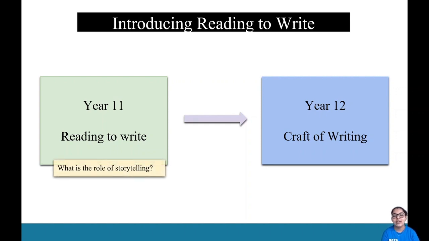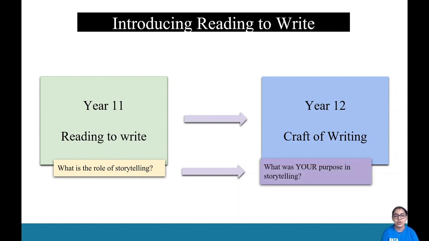So in year 11, in this module of reading to write, you're looking at what is the role of storytelling? Why do people write? Why do we do it? And in module C in year 12, essentially that translates into what is your purpose of storytelling.